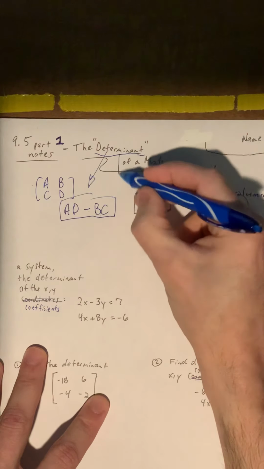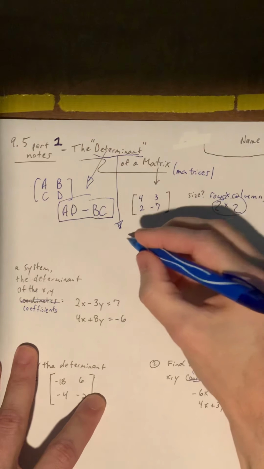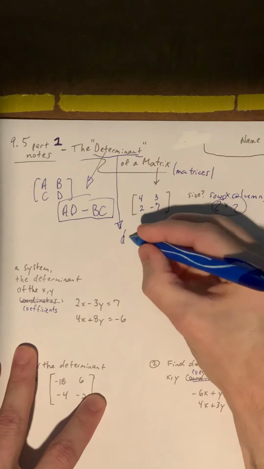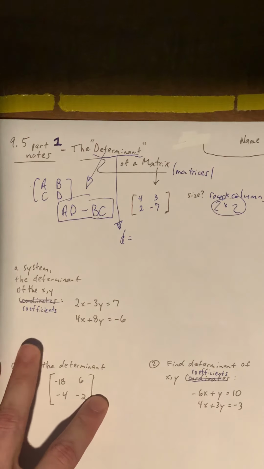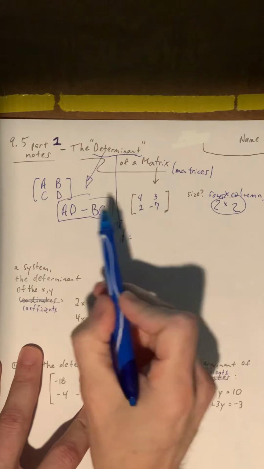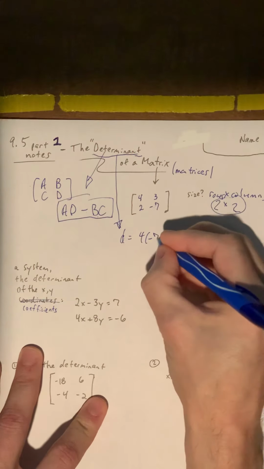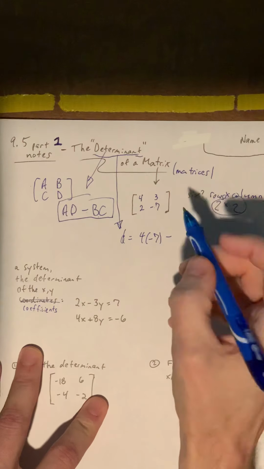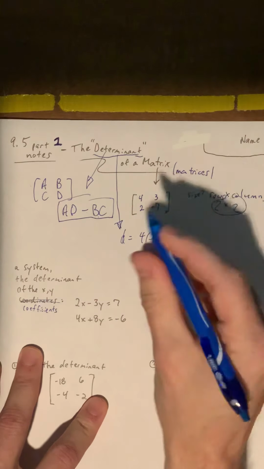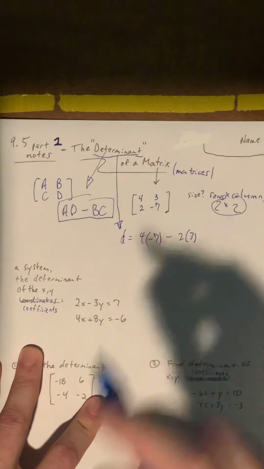So, in this matrix right here, the determinant, which we'll call lowercase d, is simply 4 times -7, because those are the numbers in the A and D spots, minus 2 times 3, because those are the numbers in the B and C spots.